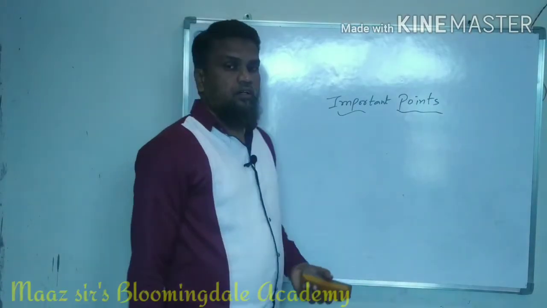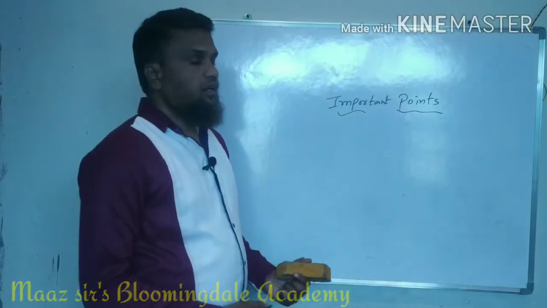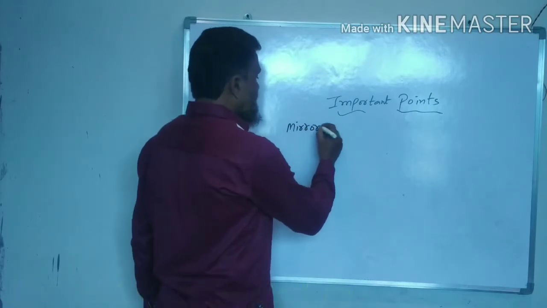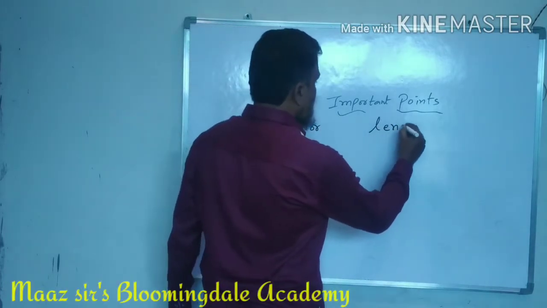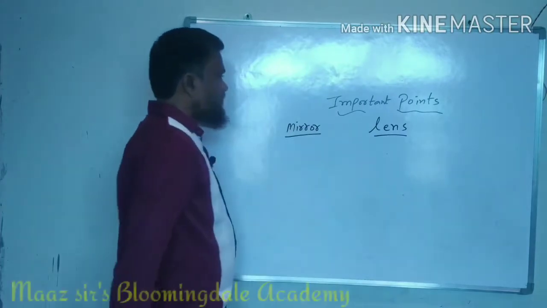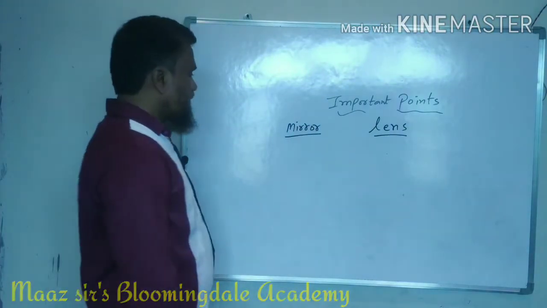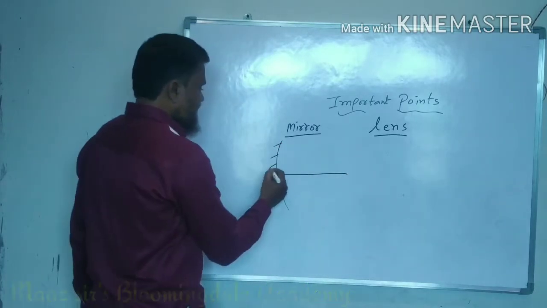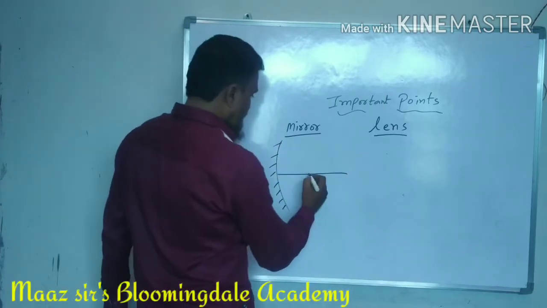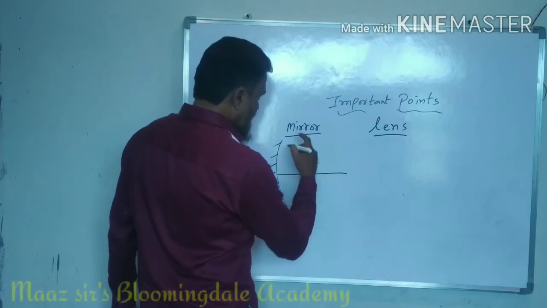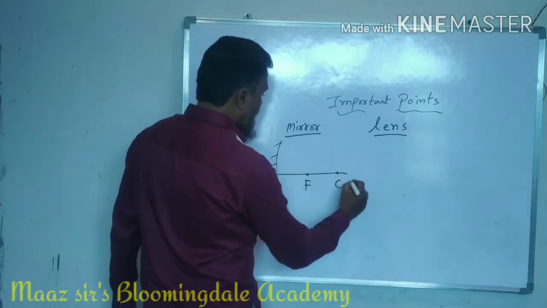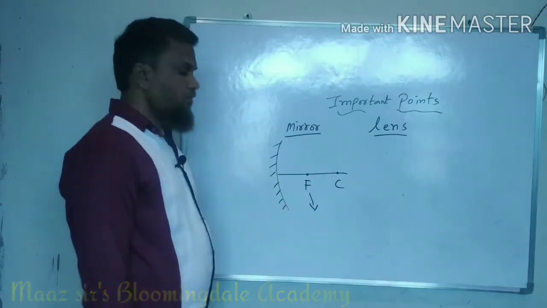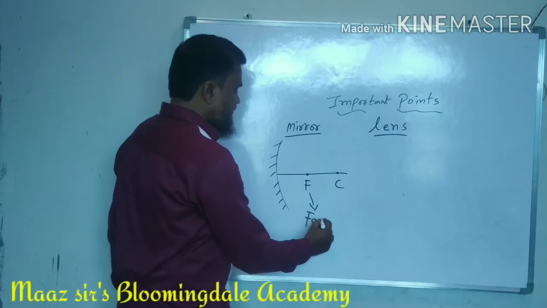Now coming on to the next important point, what is the difference between a mirror and a lens? So basically when you are drawing the ray diagrams, you have seen that in the ray diagrams of mirrors, you have one focal point, or focus is only one.